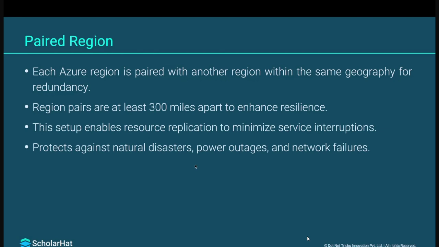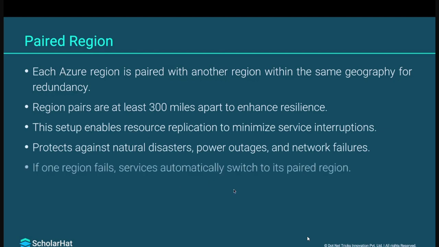These are the basic concepts. Why 300 miles apart? Because it ensures if any natural disaster happens in one region, it should not affect the next closest region. And if one region fails, services will fall back to another region by default. And in certain cases, you have to configure them to fall back to the backup region.